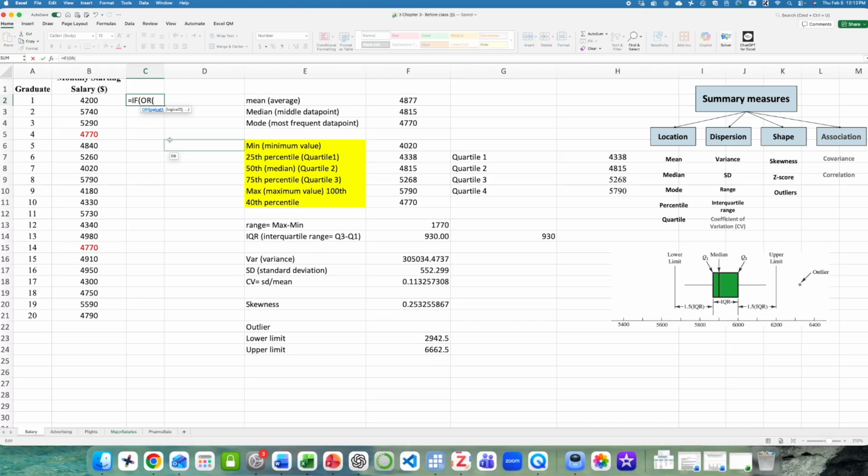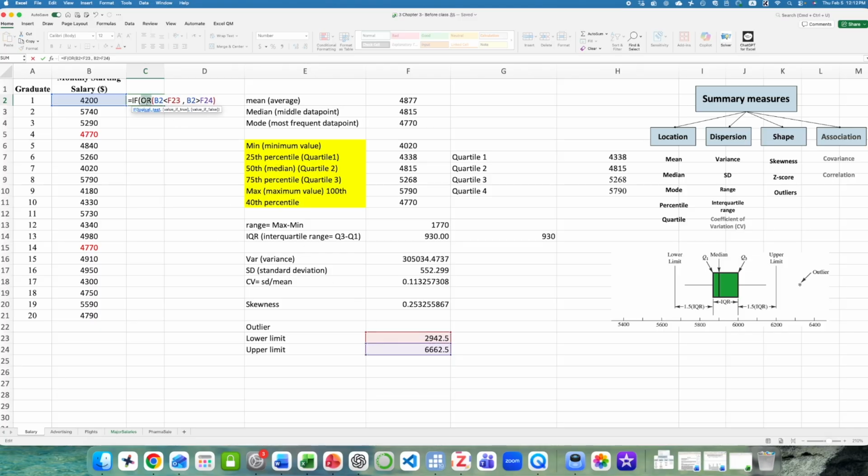So if this number is less than the lower limit, that's where the OR function is playing in, or this number is more than the upper limit. So this is my condition. I'm going to close parenthesis.